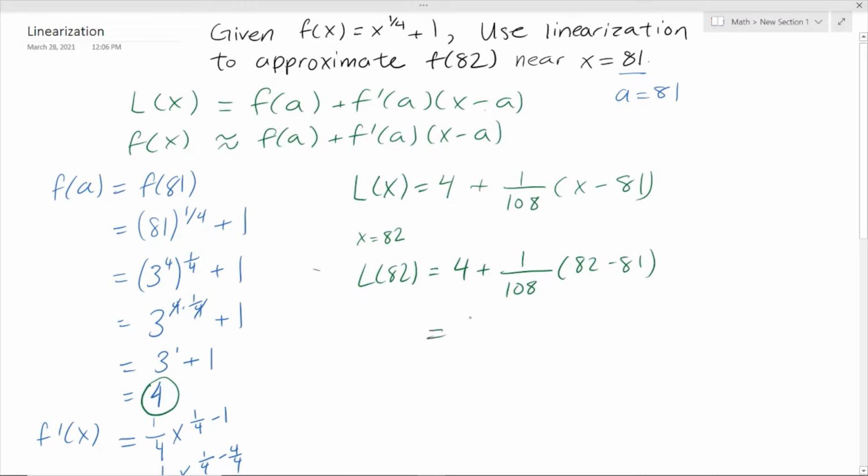And we are going to get 4 plus 1 over 108 times 1, which is equal to 4 plus 1 over 108. And if you plug this into your calculator, you will get approximately 4.009259259.